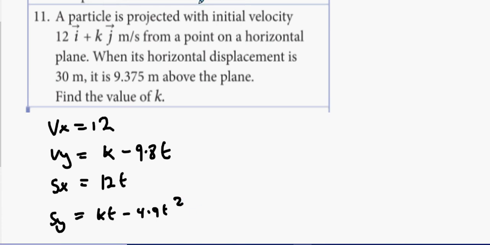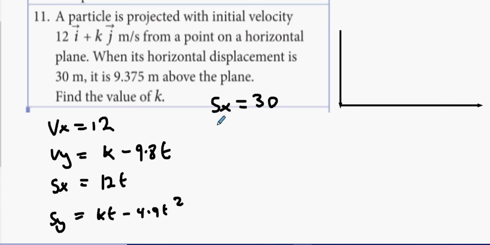Alrighty. Now, what you need to realize is that the times are equal to each other when Sx equals 30 and Sy equals 9.375. Both times are identical. So they're the same time. Alright?